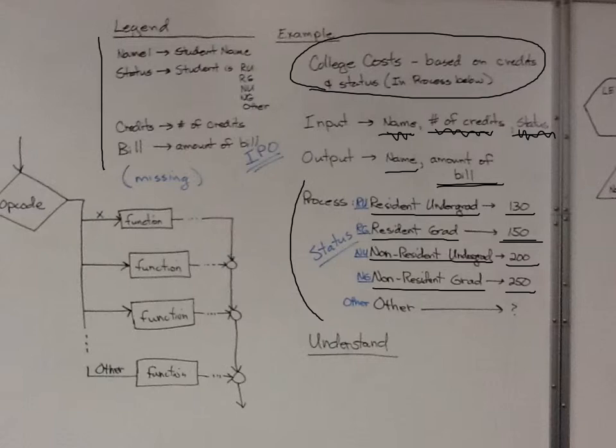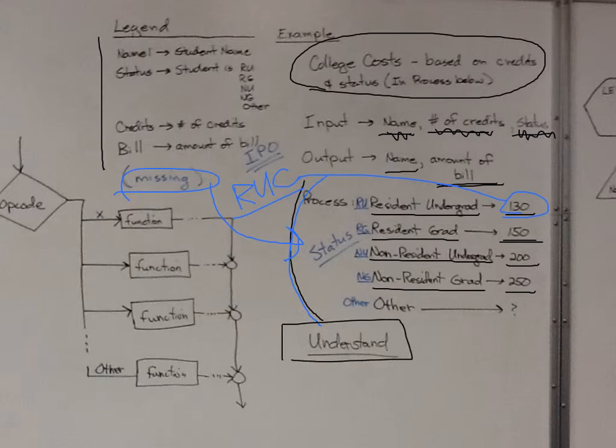Some parts are missing; we would have listed all of these. We created a resident undergrad cost, and we assign that 130. So you'll see that on the next page. So we understand the problem, and it's a good problem to use a case structure.